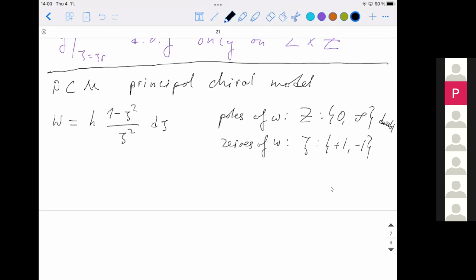Oh, also there are reality conditions that one needs to put, namely like this, so that in the end your action will be real, I think.